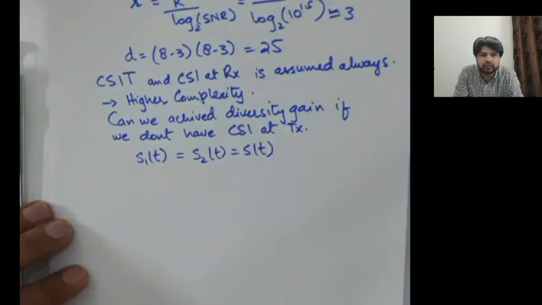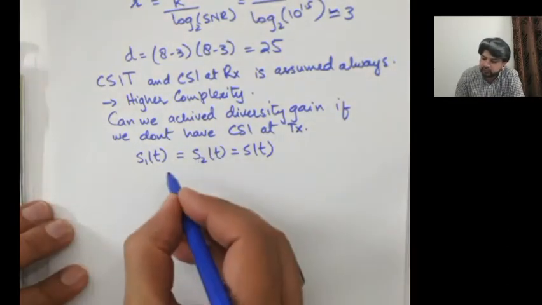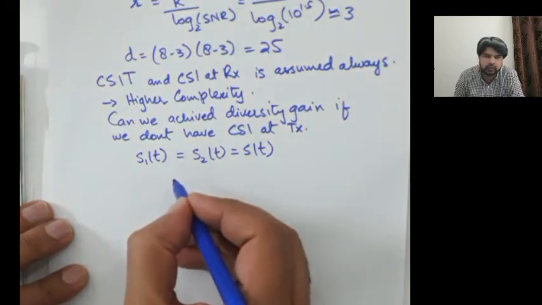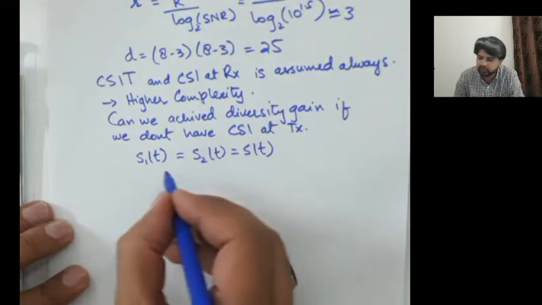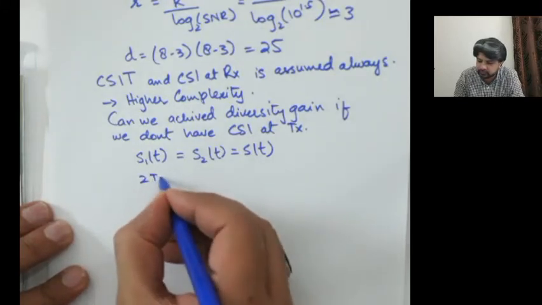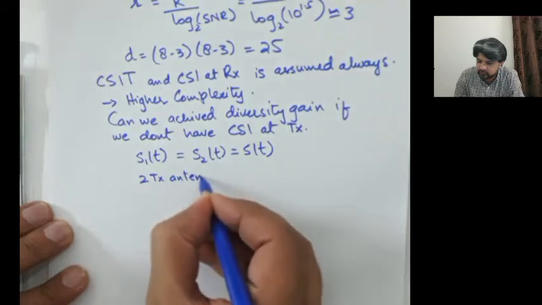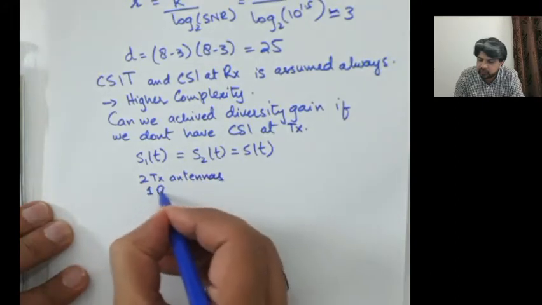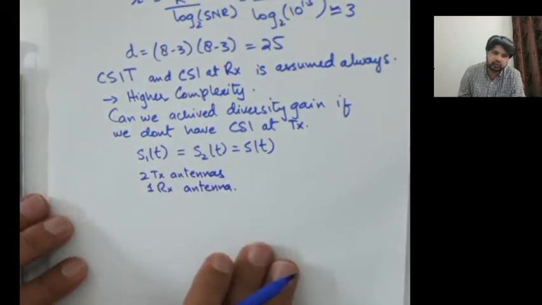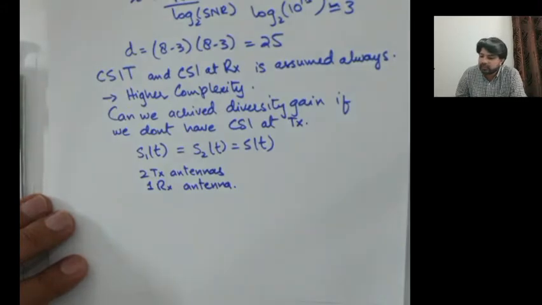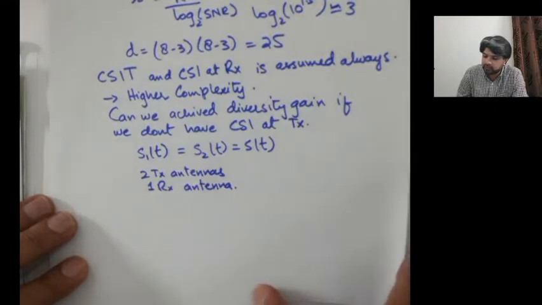You have the signal S of t that would be transmitted by both of these channels. And suppose you are talking about a multiple input and single output system. So you have two transmitting antennas and one receiving antenna. Whether or not you would be able to get some diversity gain if you do not have channel side information at the transmitting end.